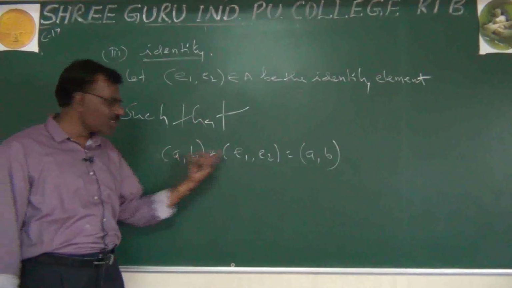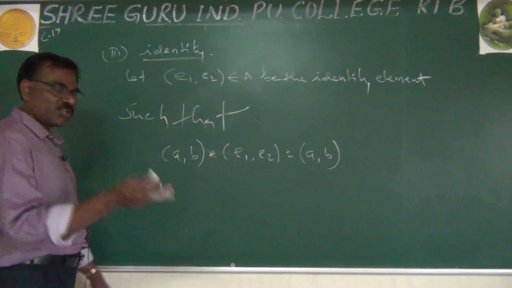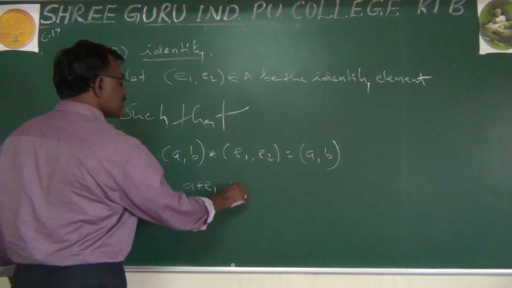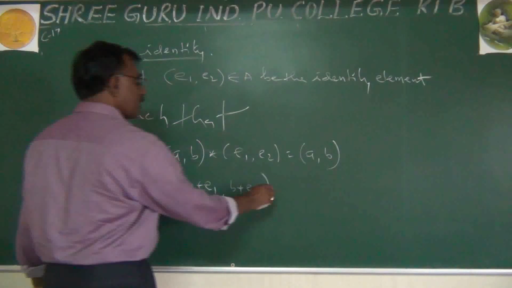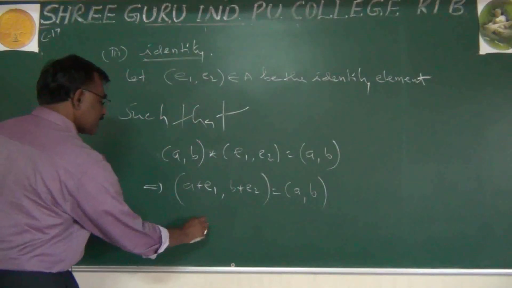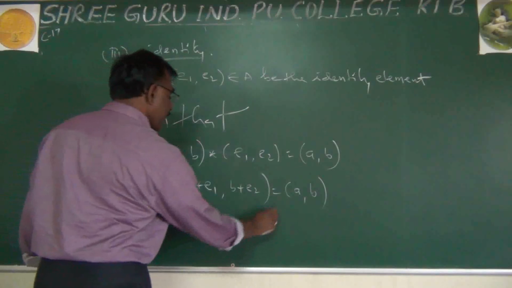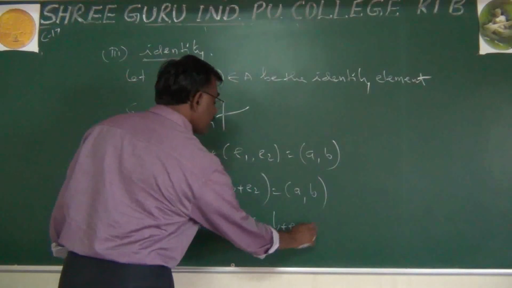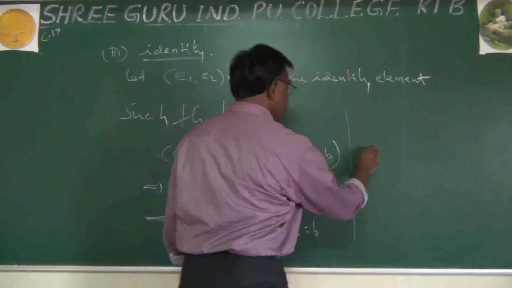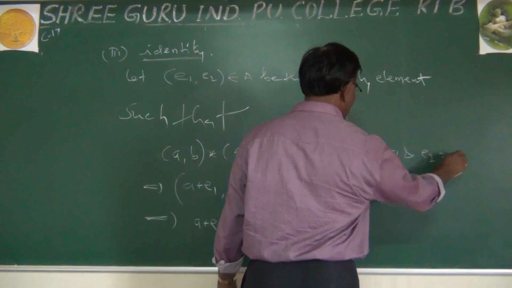This is the identity. Now, according to how star is defined, (A plus E1, B plus E2) equals (A, B). A plus E1 equals A and B plus E2 equals B. What is E1? E1 equals 0 and E2 equals 0.